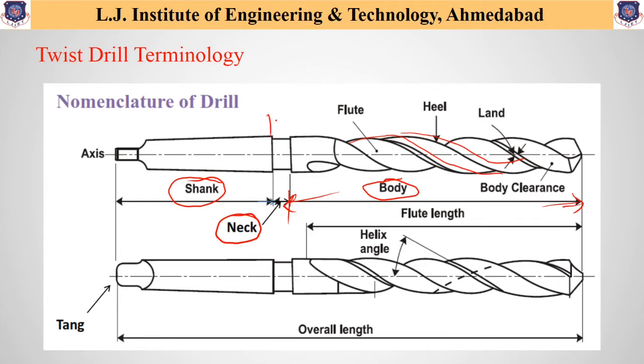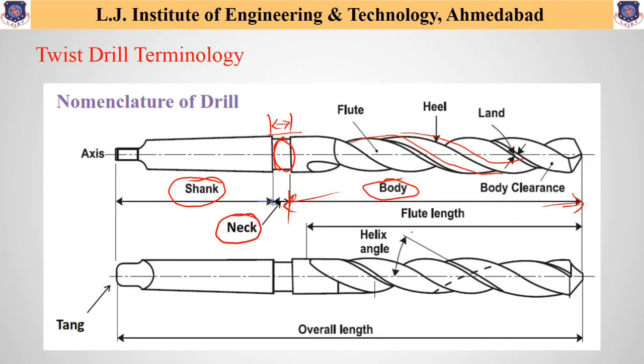This smaller region which connects the shank and body is called the neck. It is the undercut portion between the body and the shank, and generally the size and other details of the drill are marked on the neck. So on this section, the size of the drill and the different marks are made.